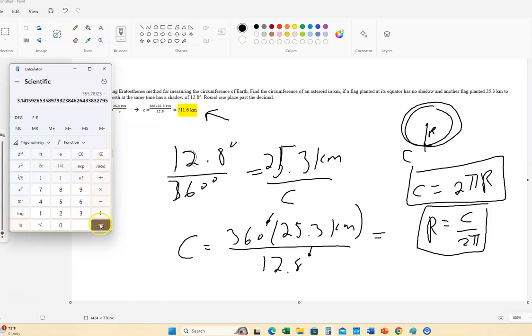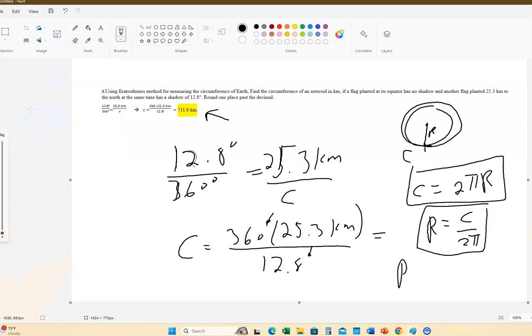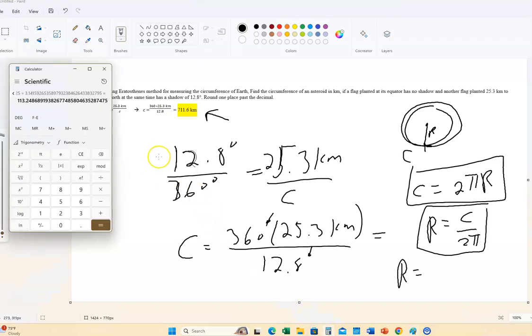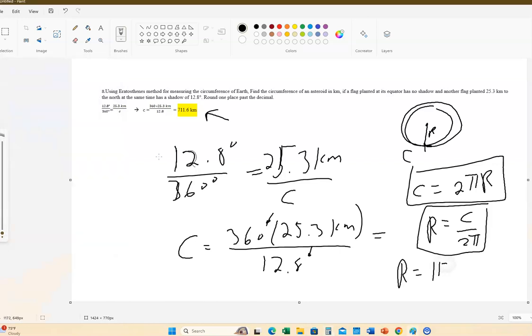This would be the radius. I didn't ask this, but sometimes you're asked this kind of thing. Rounding it to one place past the decimal, it would be 113.2 kilometers.